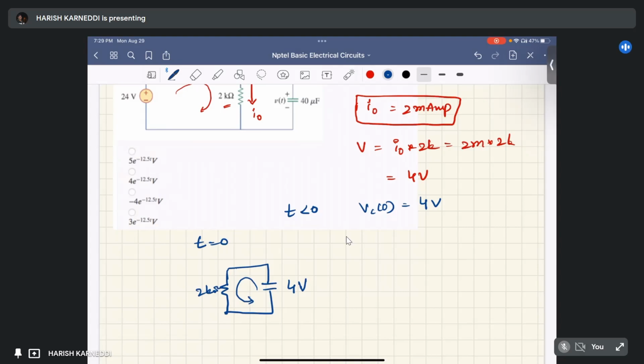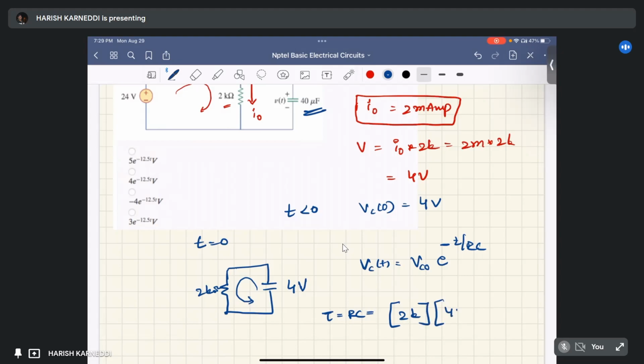We already know that the capacitor voltage Vc of t equals Vc0, the capacitor initial voltage, into e power minus t by RC. Here RC is the time constant, tau equals R into C. The capacitance C is 40 microfarad and R is 2 kilo ohm.